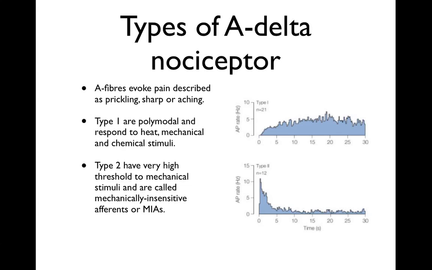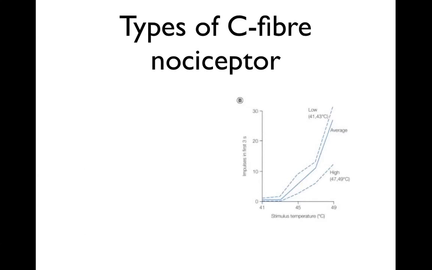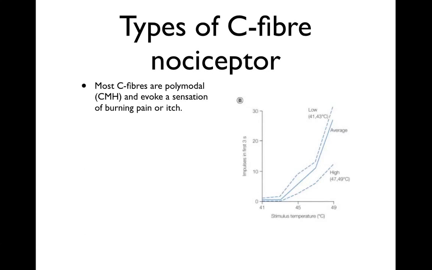So we know that nociceptors already have a high threshold, and they're known as high threshold afferents. These have an even higher threshold. So to all intents and purposes, they're mechanically insensitive until they become inflamed and sensitized, and then they become very much involved in detecting mechanical stimuli. And just to remind you there that A fibers also detect cooling sensation, so non-noxious cooling sensation. Okay, and then the types of C fiber, the majority of C fibers are polymodal.